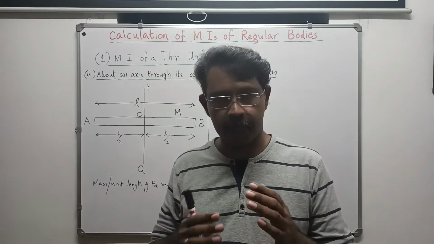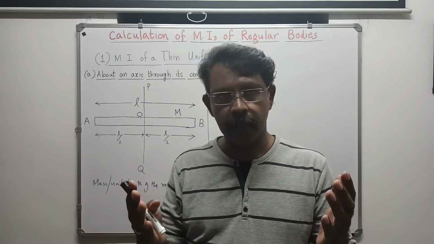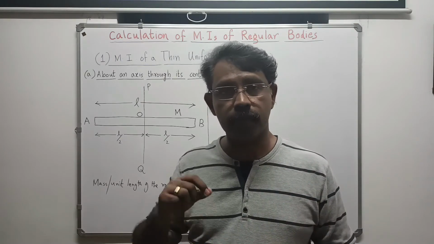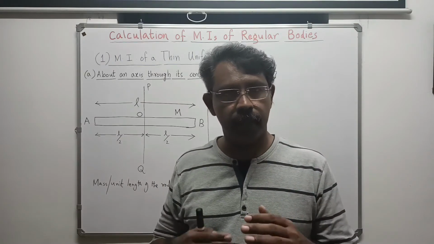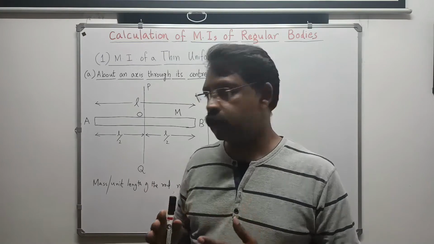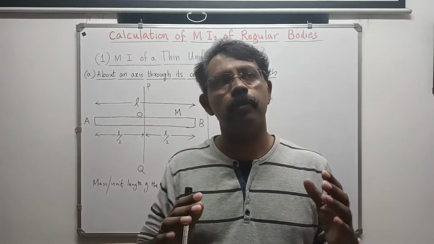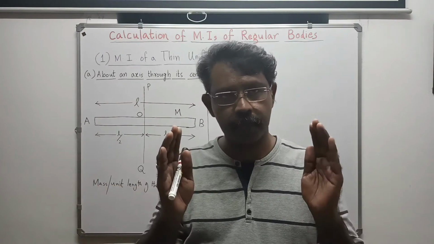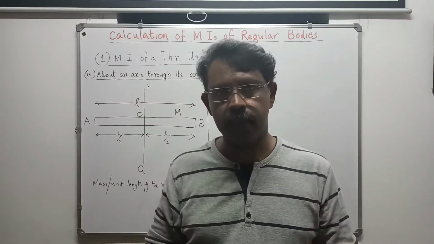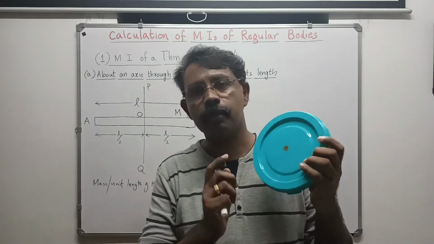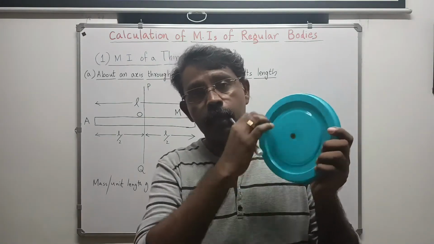Suppose it is for a disk. Then the quantity that we will take first will be mass per unit area. When I take that portion, I will specify that. So when I am taking a uniform bar or rod, I first take the mass per unit length. If I am taking a disk, I first write mass per unit area.